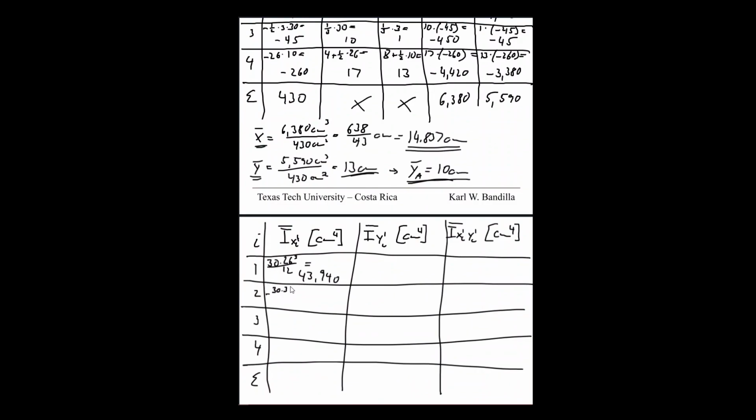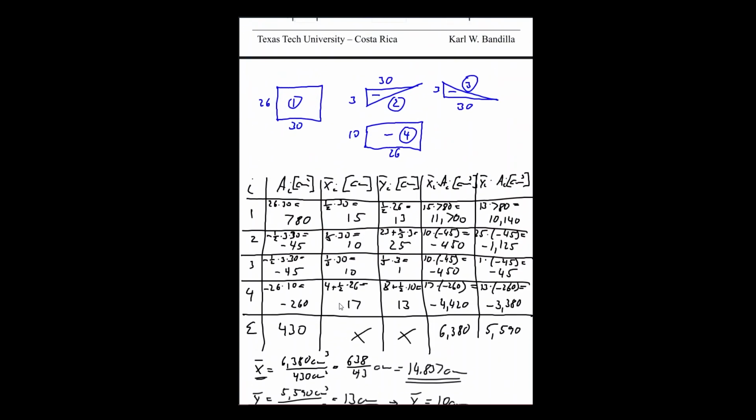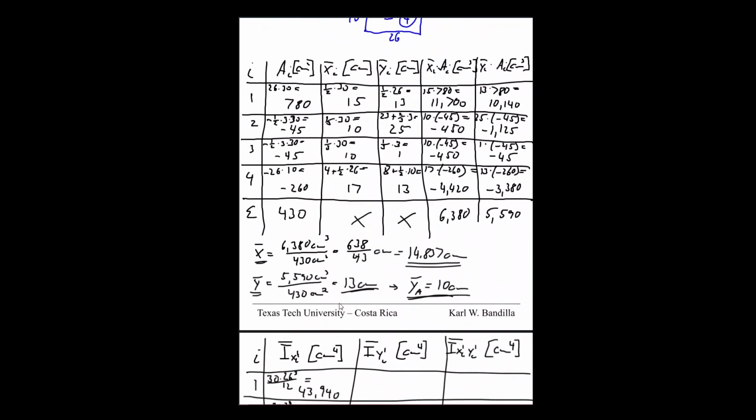So this is 30 times 3 to the third power over 36, and that is minus 22.5. Now the next triangle is going to be exactly the same, right?